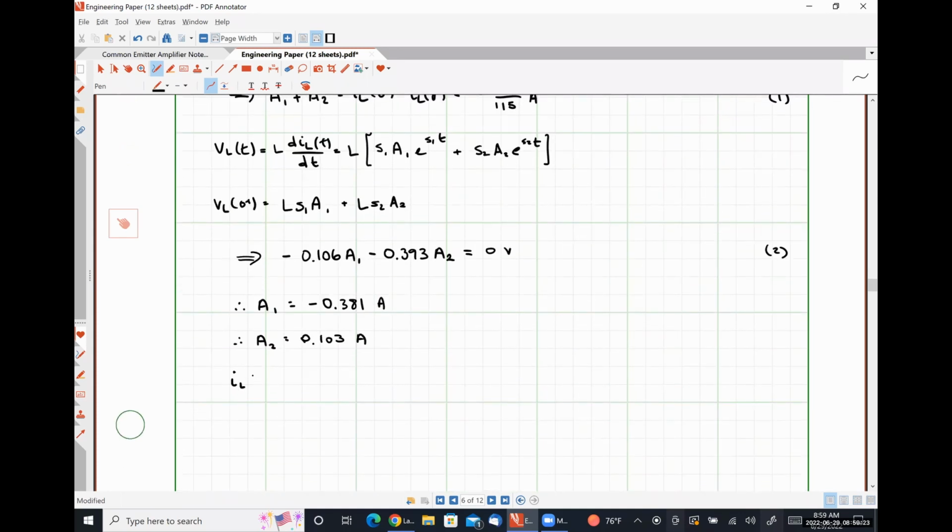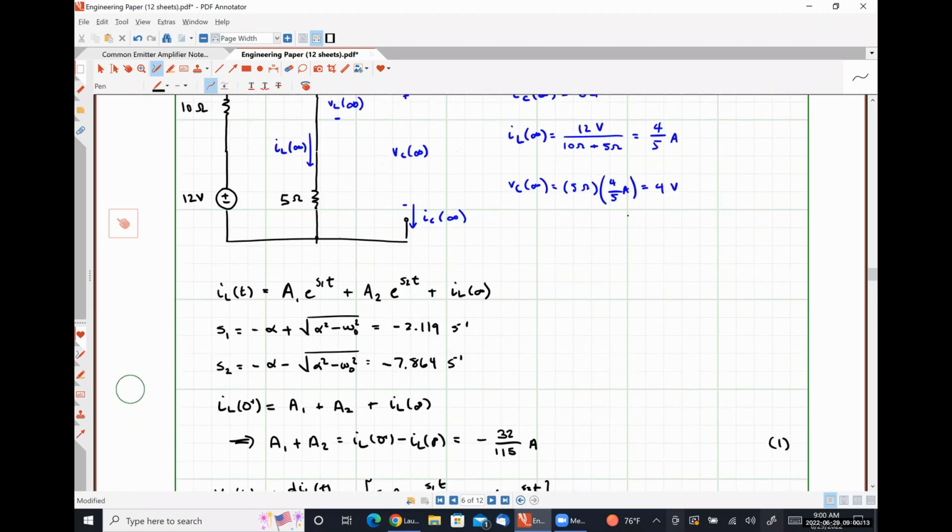From this, IL of t is equal to negative 0.381 e to the minus S1, which, let's see, I think I have that as C, 2.119 t plus 0.103 e to the negative 7.864 t plus, I believe it's 4/5.